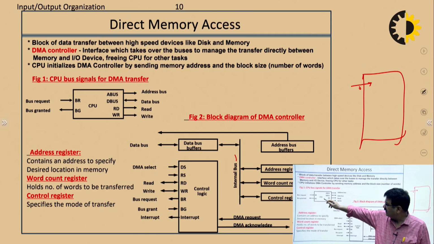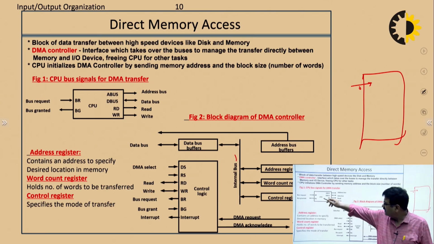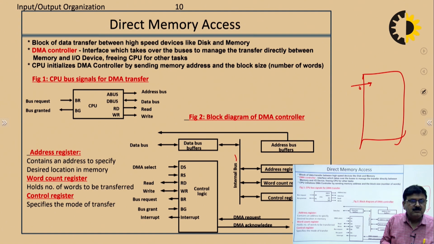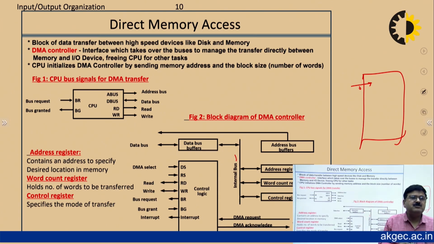BR means bus request: if the DMA is requesting control of the bus, it will send the bus request. After the CPU finishes some task, it will give the bus grant. It means it will transfer the control of these buses to the DMA.